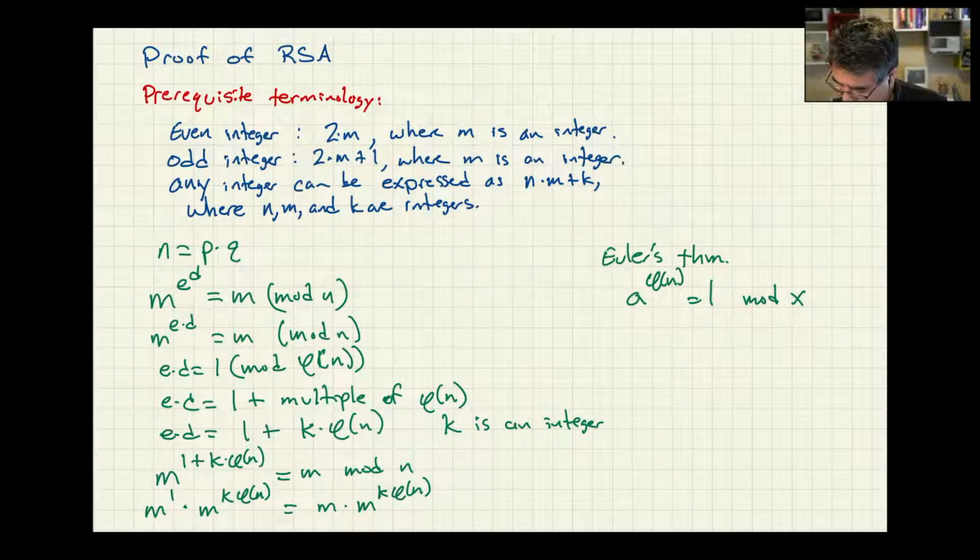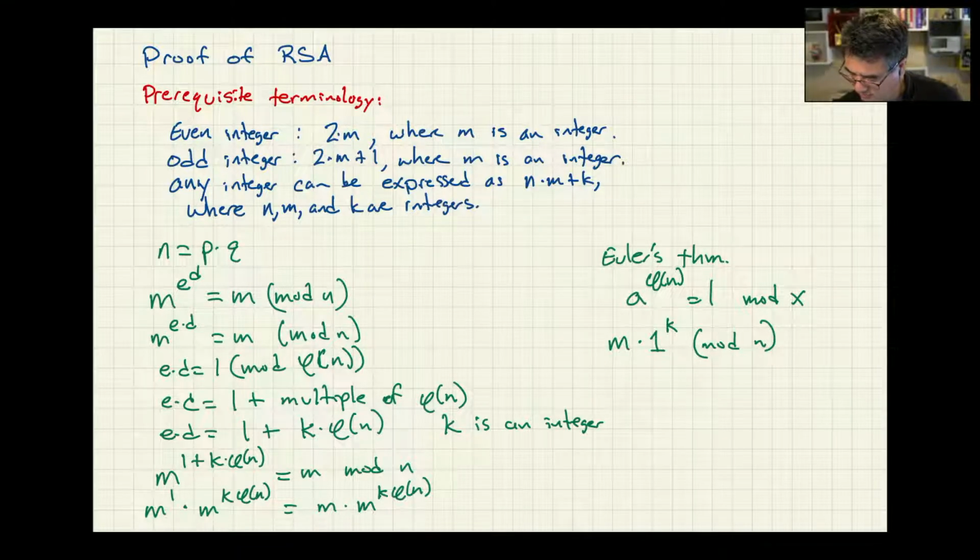Okay, look here. This is some number raised to the totient of n, and this is some number raised to the totient of n. So swapping that in, times 1 to the k power, mod n.